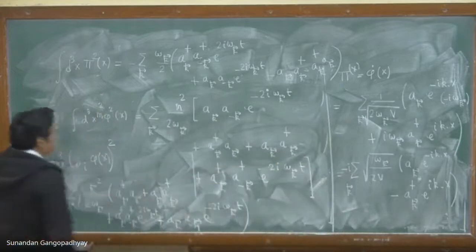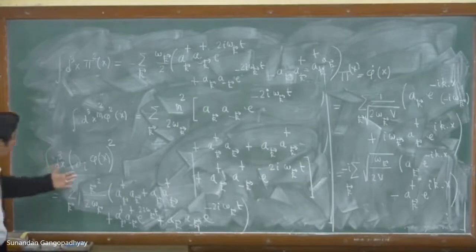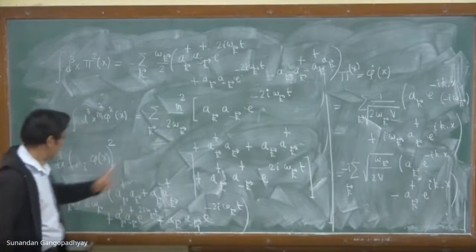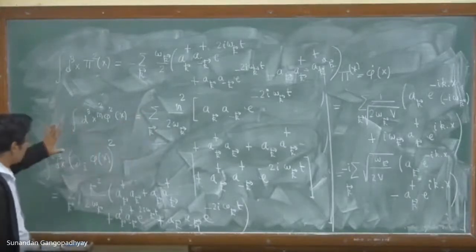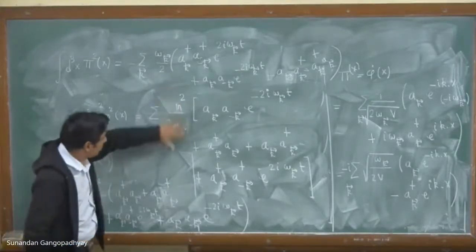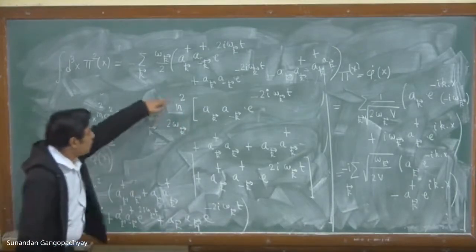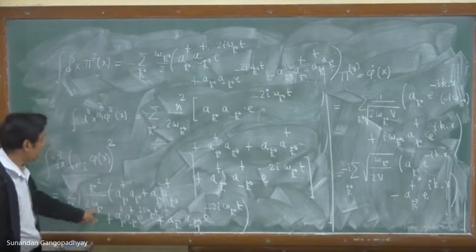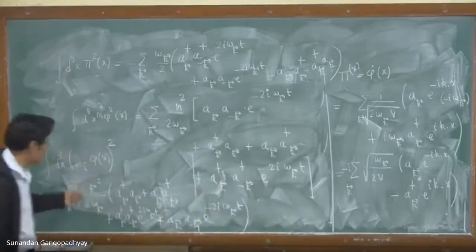So let us do the addition on board. You can see what is going to happen. So this term plus this term, what will you get? You have pi square by 2 omega k, and here you have k square by 2 omega k, and the rest of it is actually a common factor for both these two expressions.